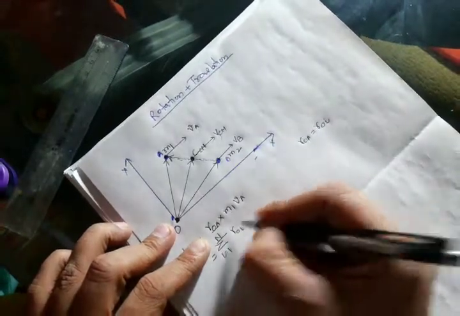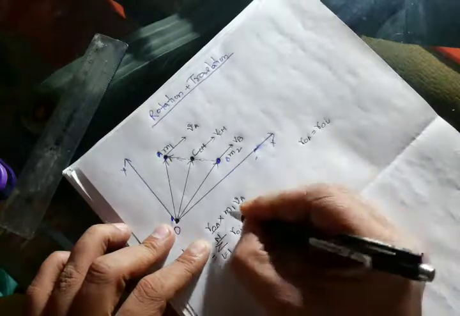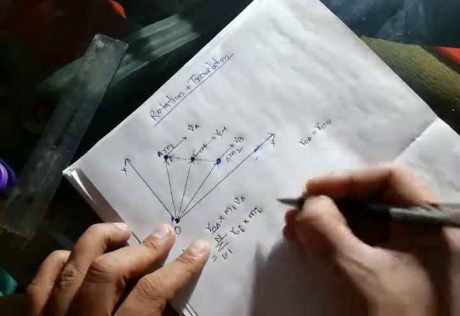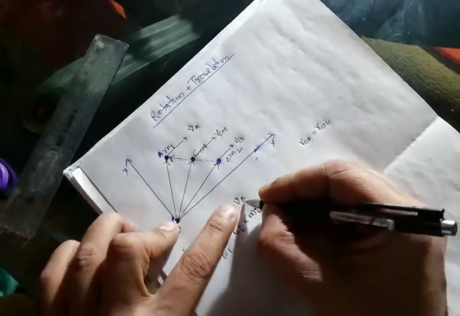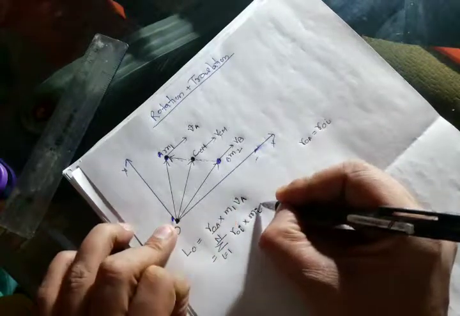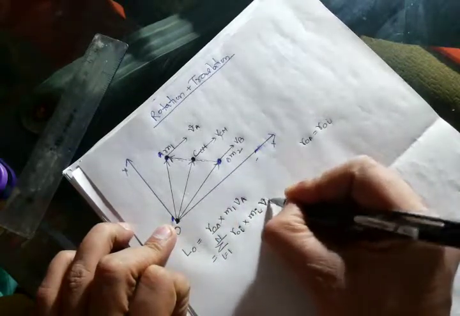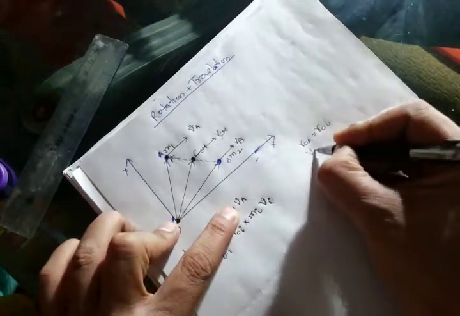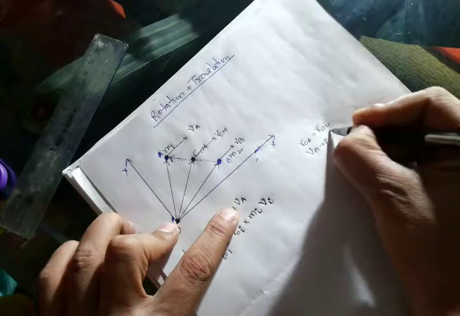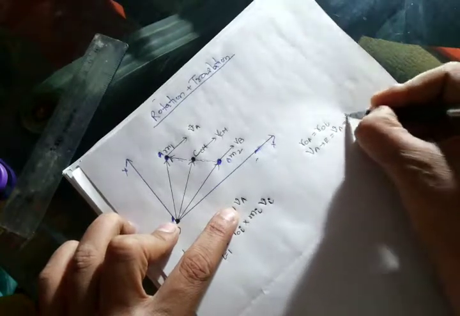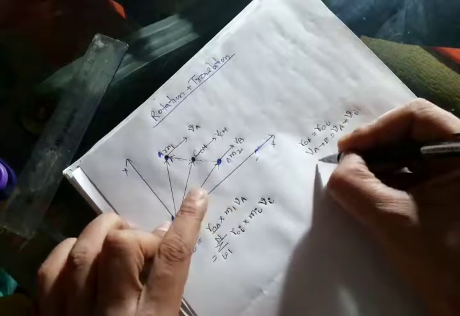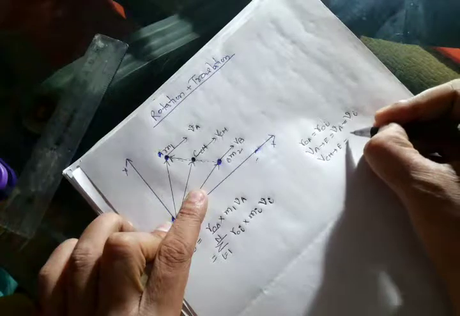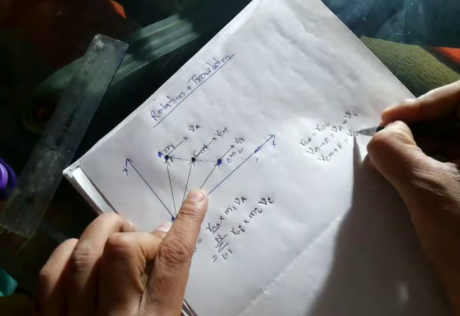So ROI cross MI VI, this is for one particle. Now whatever velocity A has with respect to earth is VA or VI, and the velocity of center of mass with respect to earth is VCM.